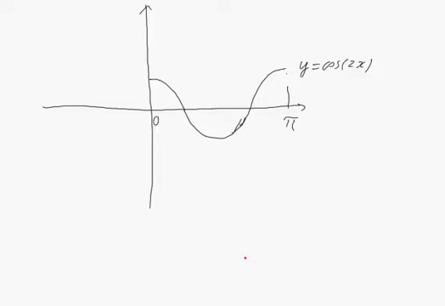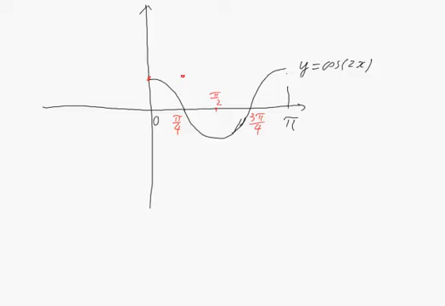Then we translate this graph to the right by pi over 4 units. Okay, so this is pi. Here this is half pi, so this is pi over 4, half pi, and 3 pi over 4, right? So now we translate this graph to the right by pi over 4 units, then this point just translates to here, right?